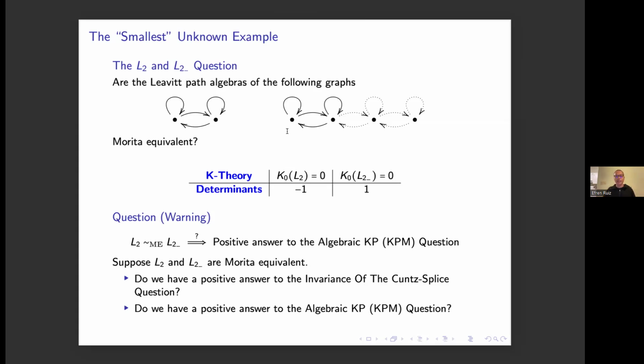And of course, it's the same answer: will that imply a positive answer to the invariance of the Cuntz-Splice question? Okay, so this is me projecting onto everyone else that I made the error of thinking that that's sufficient, but it's not known if it is.